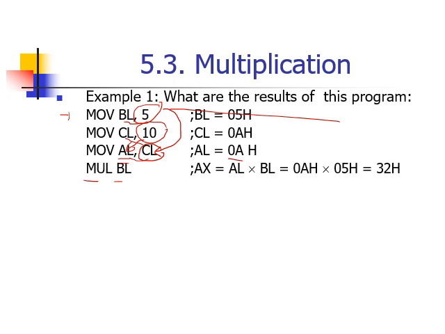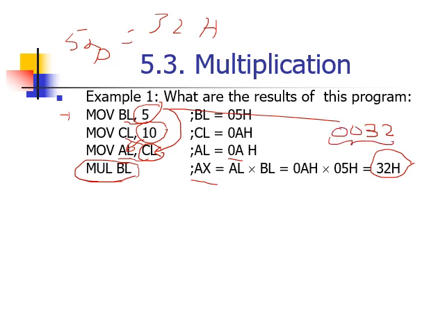This is 50 decimal, which is 32 hexadecimal. So the result out of this operation would be placed in your AX. If you check the value inside your AX, you would find 32 hexadecimally. Okay, so your AX will contain this. Good.